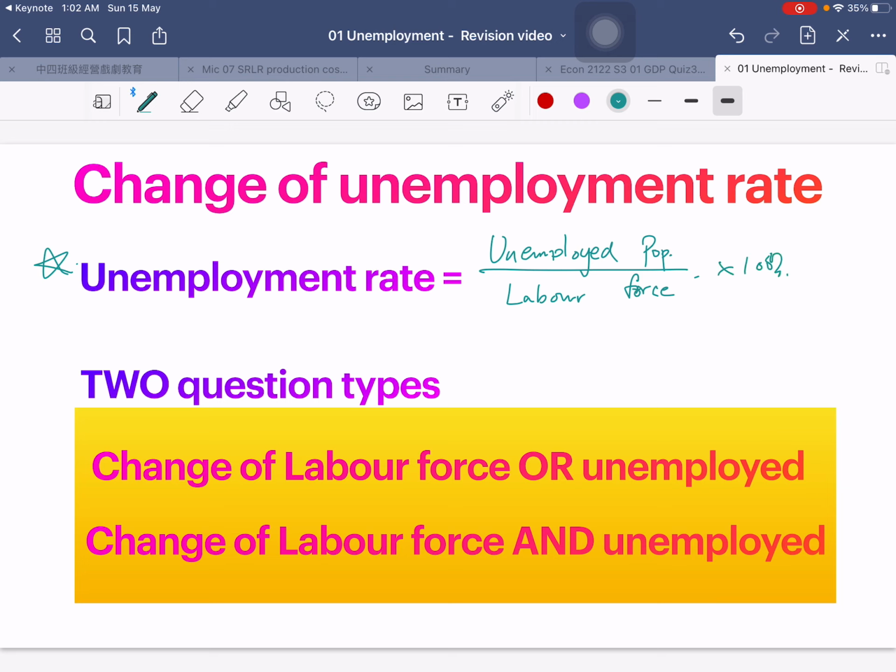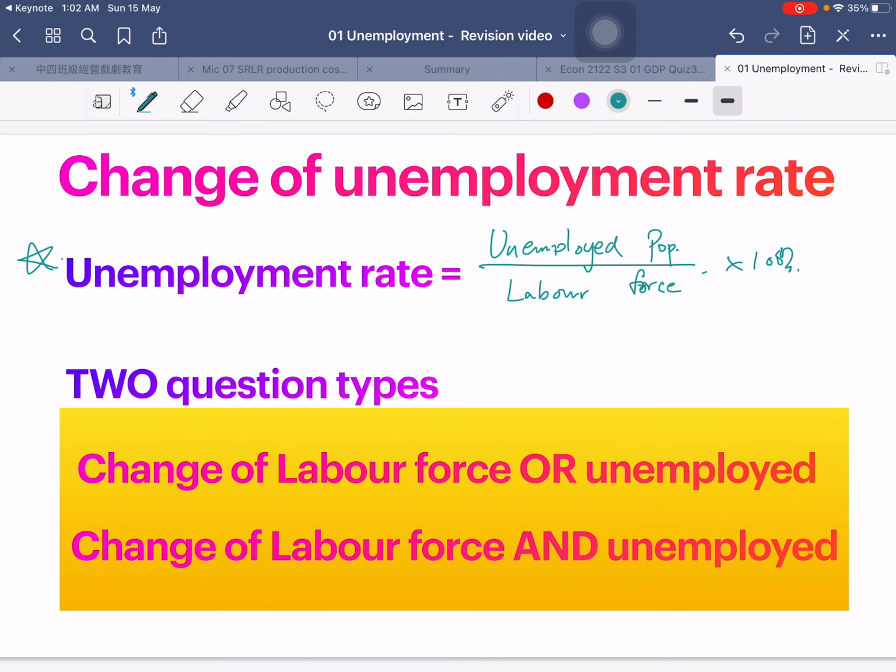This equation is very important because in every single short question, you have to state this equation in order to explain. So remember to memorize this. This helps you to get at least 1 mark.